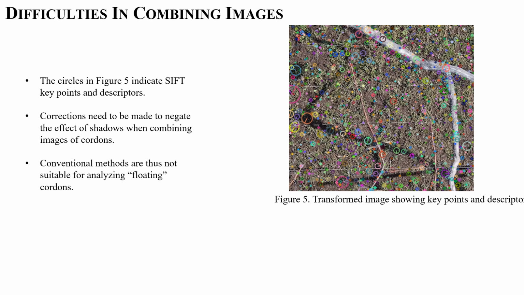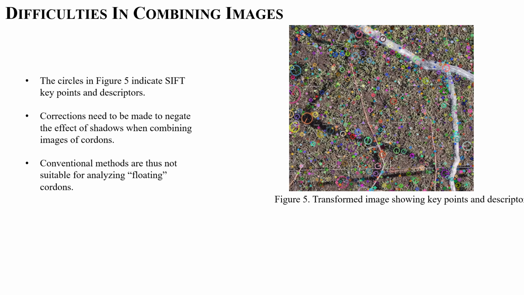Various studies have been conducted to correct distortions in terrain in aerial images, primarily focusing on buildings standing on the ground. However, cordons are not attached to the ground. Ortho images created from aerial photographs using GPS require reference points on the ground for correction. The floating nature of cordons makes it difficult to set reference points without including shadows, resulting in significant image distortion.